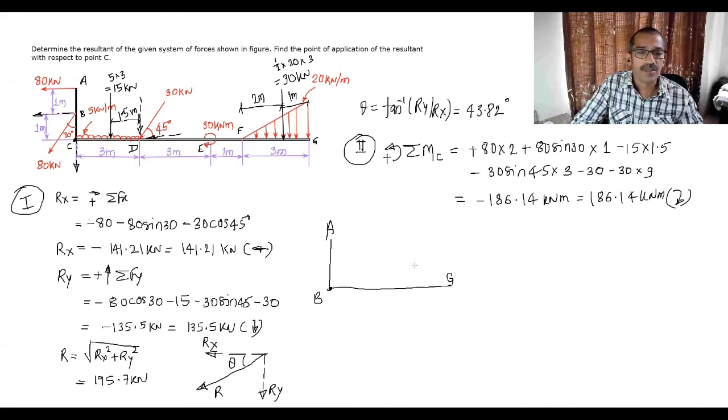That means, easy, you can see, if we represent the resultant on the right side of B here like this, then you get the resultant in which direction? If you take moment about B, the moment is clockwise. That means it satisfies the condition, right?